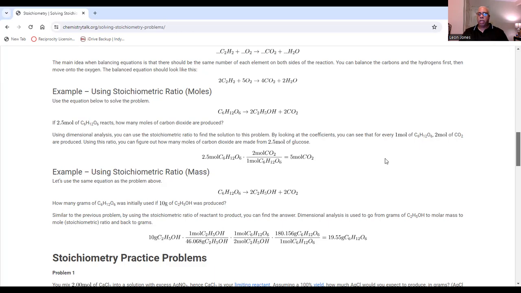Now, when you deal with stoichiometry problems, you have to look at what's given. Now, generally, you always have what's given and what's needed. So, like in this problem right here, we need to figure out how many moles of carbon dioxide are made from 2.5 moles of glucose. That's what it is. Correction. Glucose. You know what glucose is?